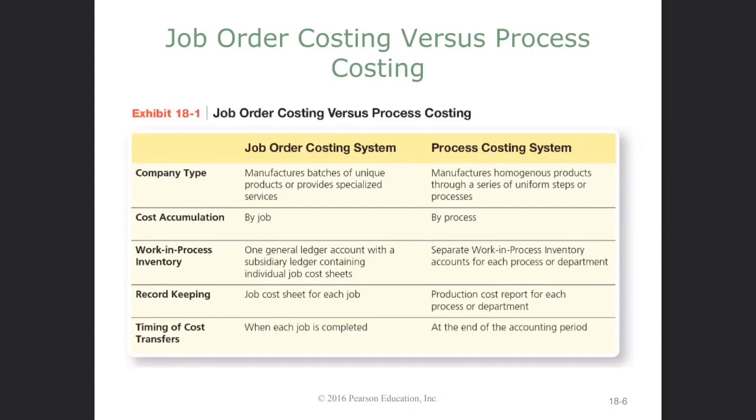In our work in process inventory, we have a separate work in process inventory account for each process or department. So we have a department that is assembling everything, putting everything together. It can even be broken down to a department that just installs the keyboard or just installs the screen.